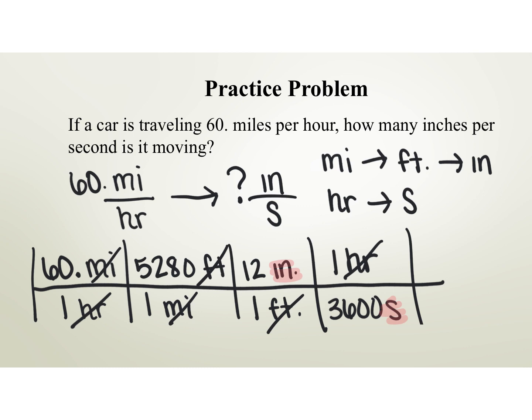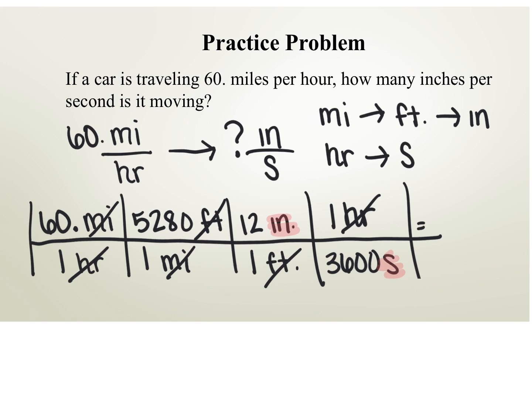So go ahead and multiply across that top row. So 60 times 5280 times 12. All right, and it's 3 million something, right? Good. All right, and then 1 times 1 times 1 times 3,600.